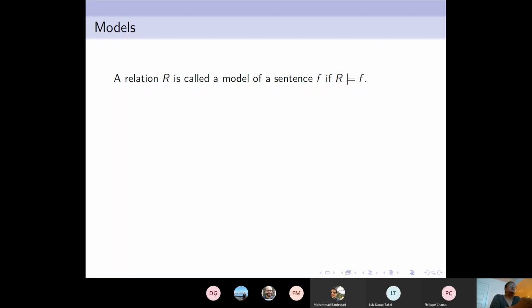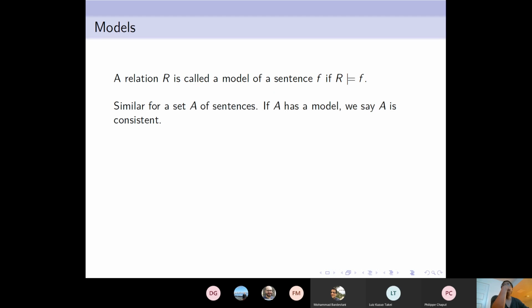Now we go to the models. A relation R is called a model of a sentence F if F is satisfied in R. Similarly for a set A of sentences, not just one sentence, maybe many sentences, we can also define a model for the set of sentences.